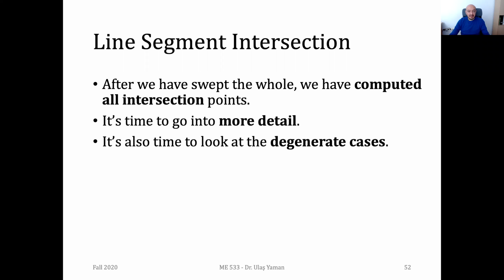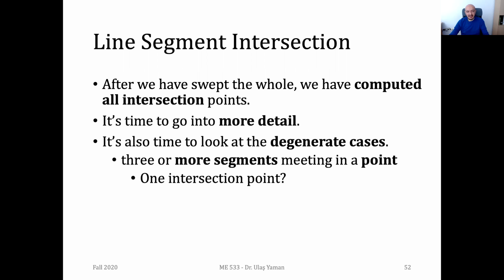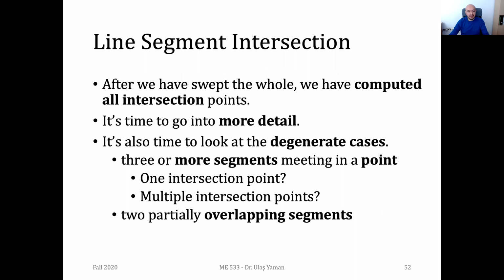Yes, now going into details of the algorithm, we did discuss some degenerate cases, if you remember. What were they? The first one was having a horizontal line segment, and the other one was having many line segments which are meeting at the same point. If that's the case, then we should consider them as a single intersection point. Otherwise, you will have difficulties and you will output the wrong number of intersection points. Or you might sometimes have overlapping segments.